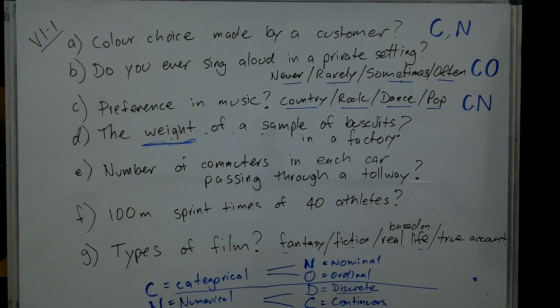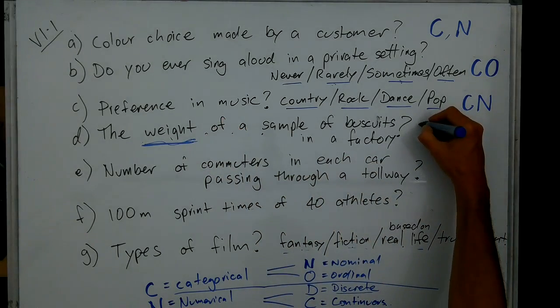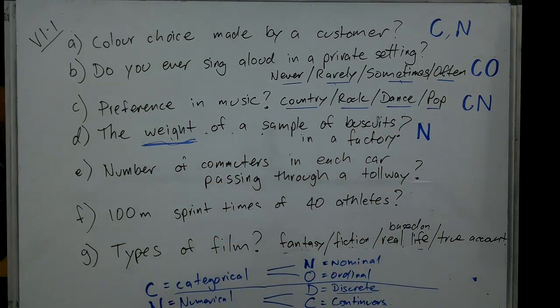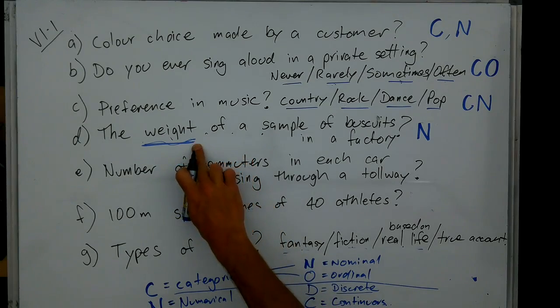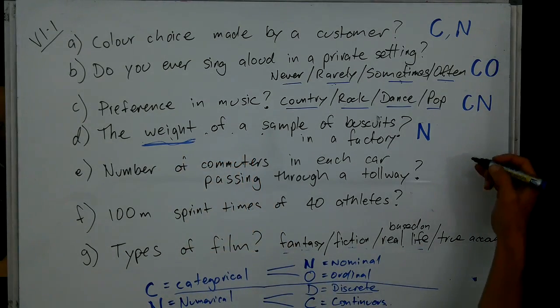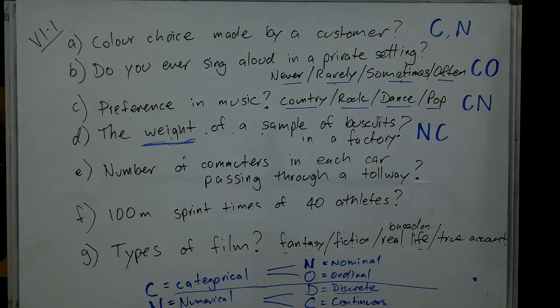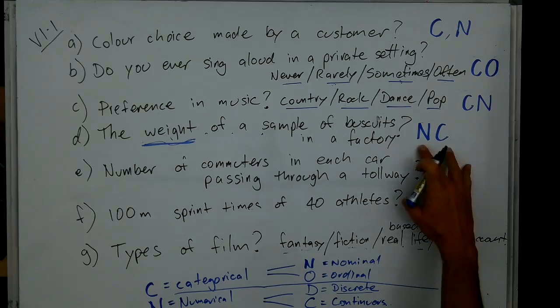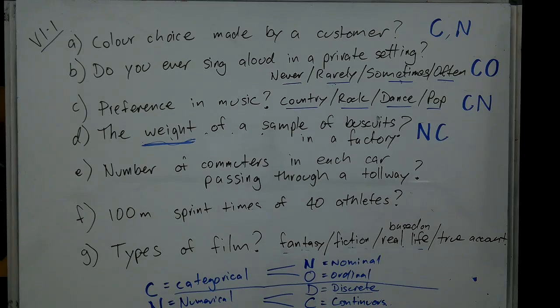Weight isn't something that we count, it's an actual measurement. So this is numerical, because the weight of something is going to be a number. And we don't know how many biscuits they're weighing. They might weigh them in kilograms or grams, and we don't know how many decimal places. So weight is a continuous amount. So that is numerical continuous, because we're measuring, not counting.